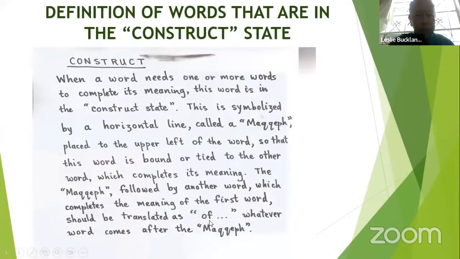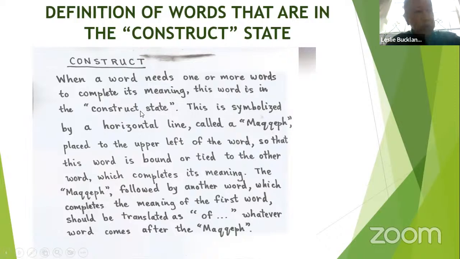I'm going to give you an example shortly, but let me read this again. We're defining words that are in the construct state. When a word needs one or more words to complete its meaning, this same word is no longer in the absolute state because it's not standing by itself. This word is now in the construct state.